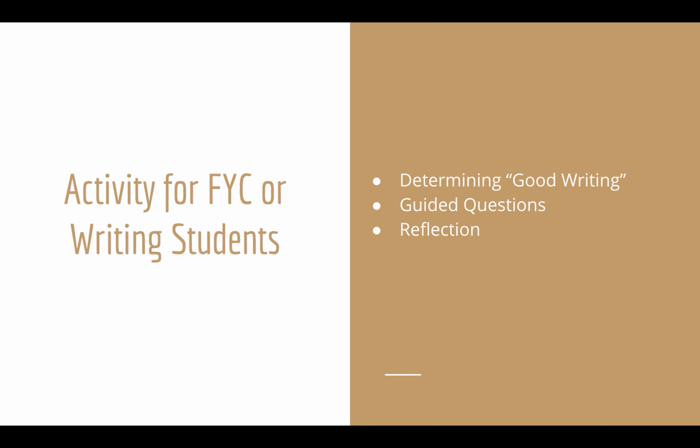Now a simple activity for first-year composition or writing students in general. I also did this in three parts. One, to determine good writing, we are going to think about what good writing is. Two, we're going to answer guided questions. And three, we're going to do a quick reflection over this exercise.